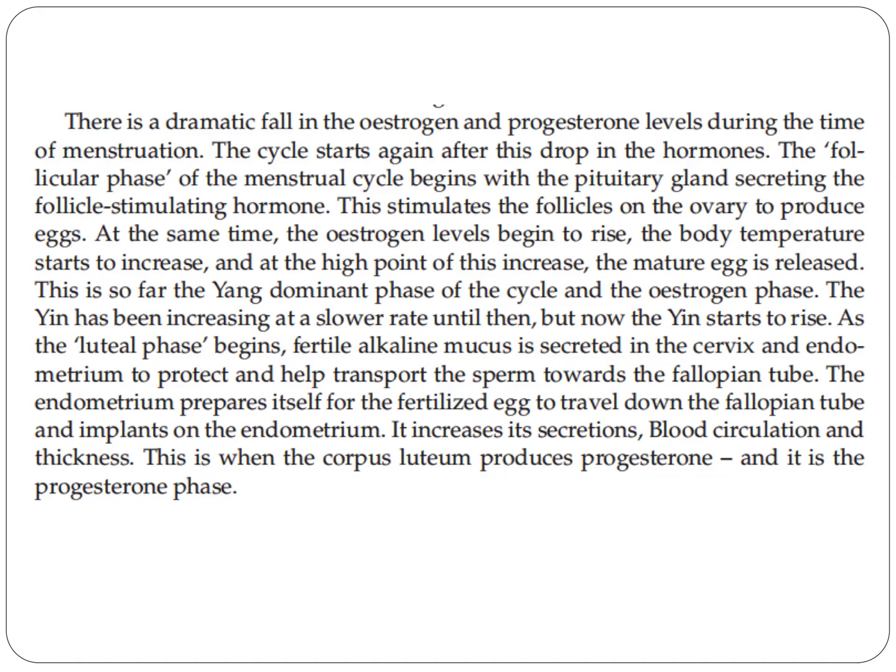This stimulates the follicles on the ovary to produce eggs. At the same time, estrogen levels begin to rise. The body temperature starts to increase, and at the high point of this increase, the mature egg is released.